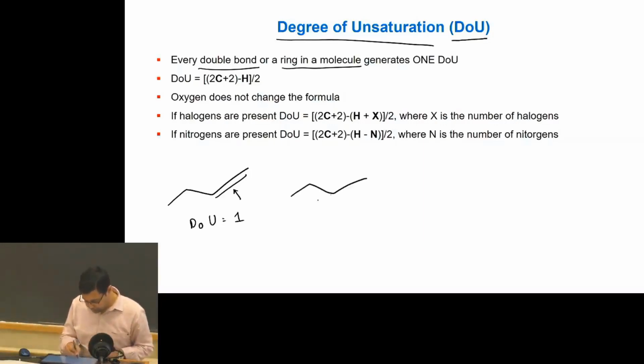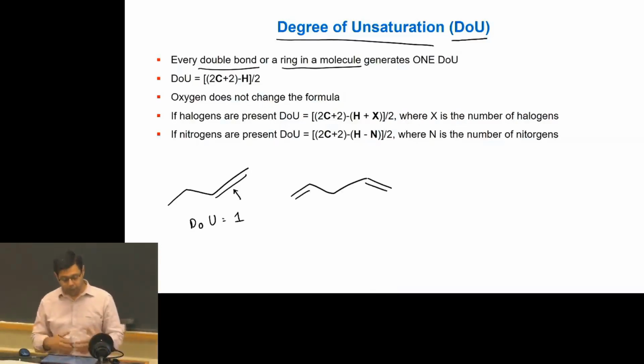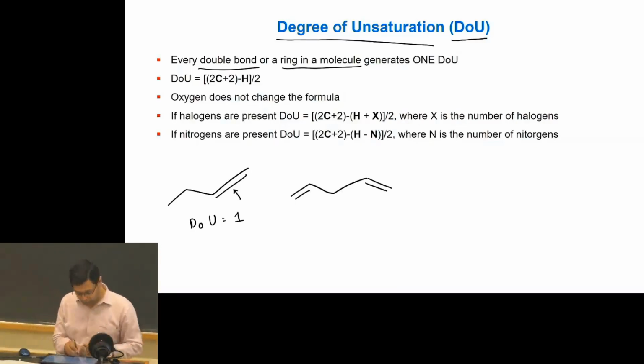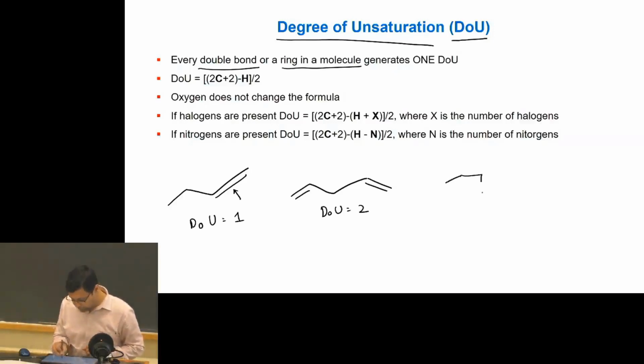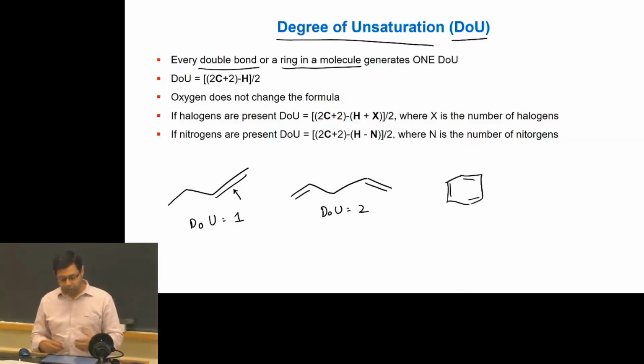Let's take another example. How many degrees of unsaturation in that molecule? 2 pi bonds, 2 degrees of unsaturation. Let's take a look at this molecule. How many degrees of unsaturation in this molecule?